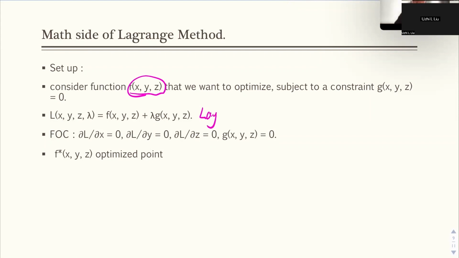And the lambda here is called a scalar parameter. It's called the Lagrange multiplier. So the Lagrangian combines the objective function with the constraint function, and it allows us to transform the constrained optimization problem into an unconstrained one.